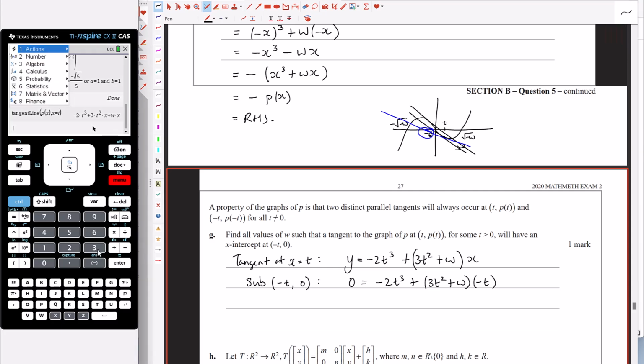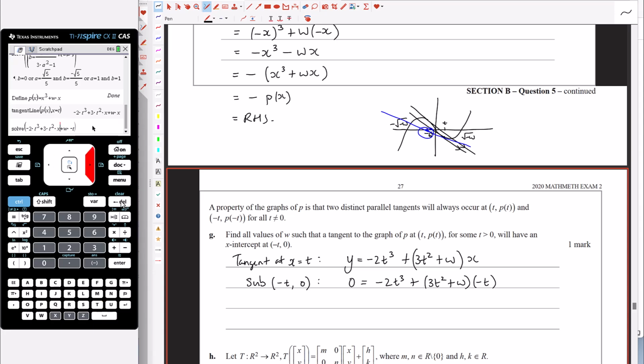Okay, so let's solve, menu 3, 1. I'm just going to take that. Obviously I need to make all the x's negative t's. And solve it equal to 0 for w.